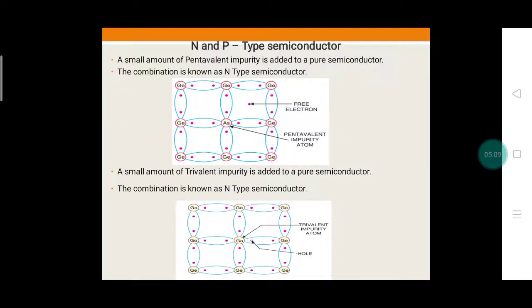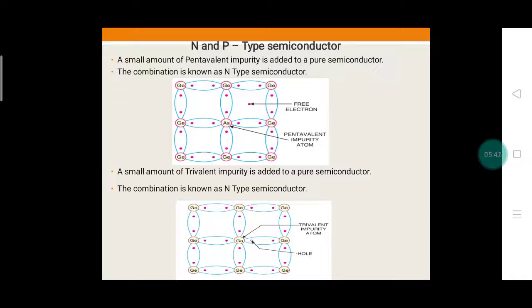N-type and p-type semiconductors. As we have discussed earlier, n-type semiconductors are those which have negative charge carriers, or free electrons, in large extent, and a pentavalent impurity is added. The doping process, or the process of adding impurity to this type of material, causes the presence of multiple free electrons.